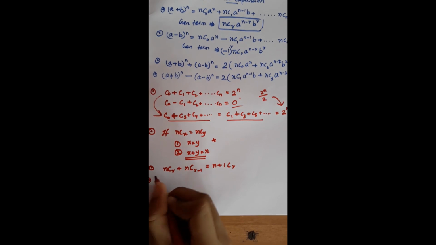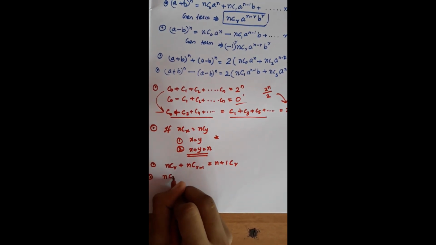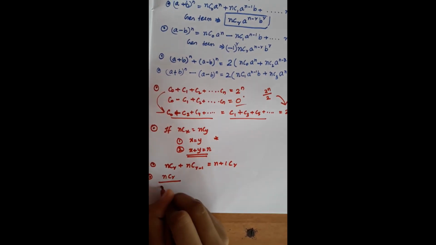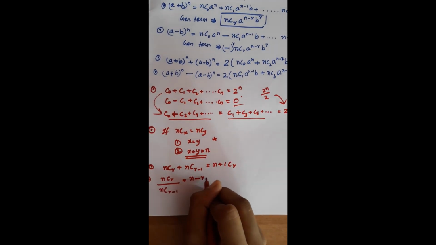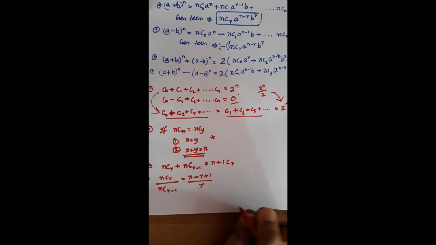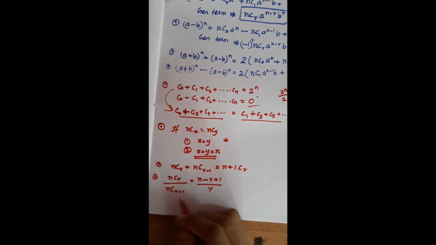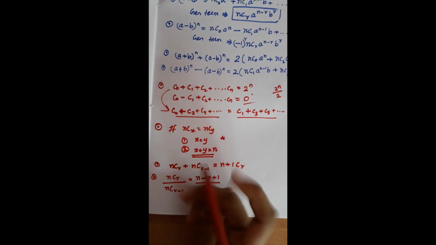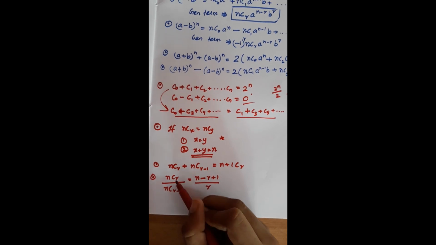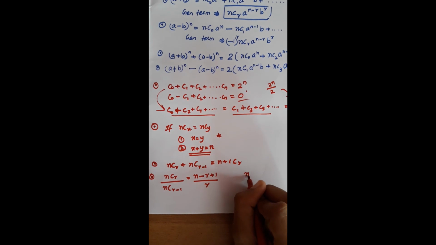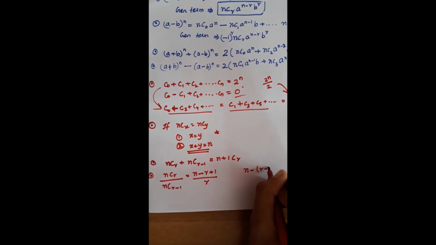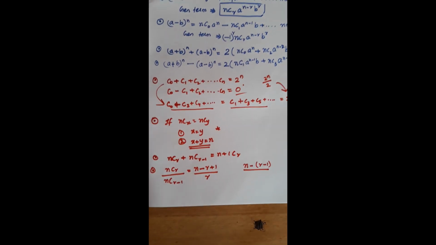Now the next one: nCr by nC(r-1) is (n-r+1) by r. How to understand this? Just check which is smaller, r or r-1. Obviously r-1. So it gets subtracted from n on the opposite side.